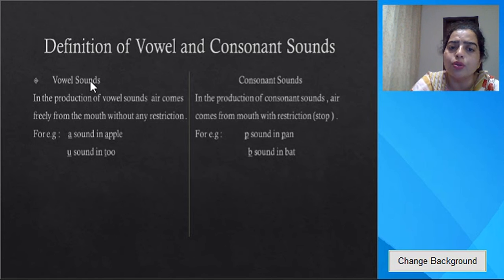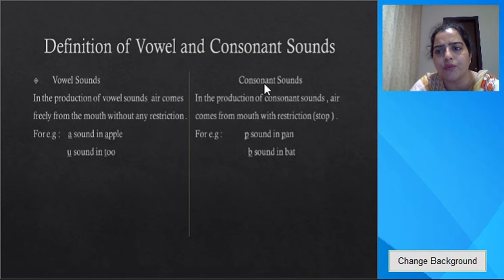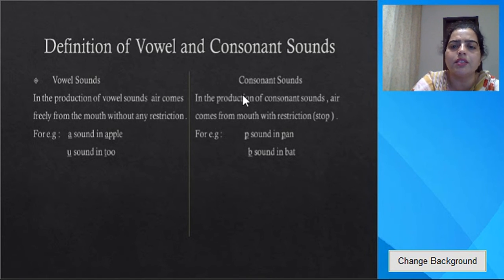And out of 44, these free sounds are 20, and the sounds produced with friction, with restriction of the air in any part of the organs of speech are considered consonant sounds, and these are 24 in number.